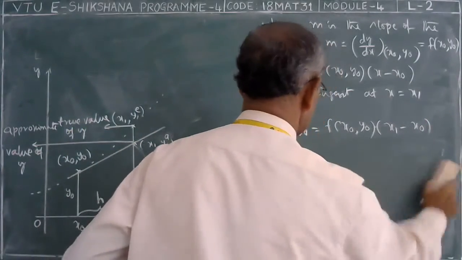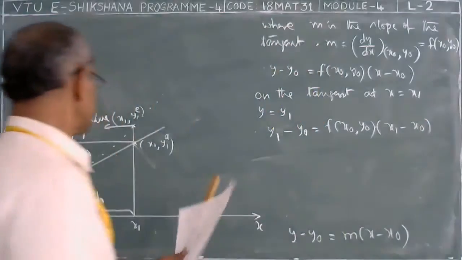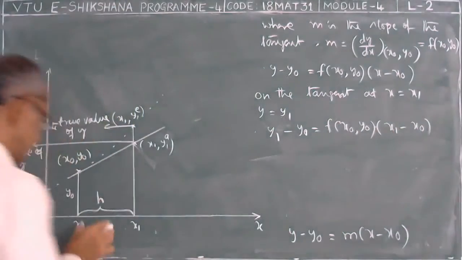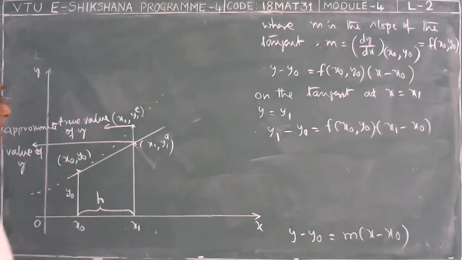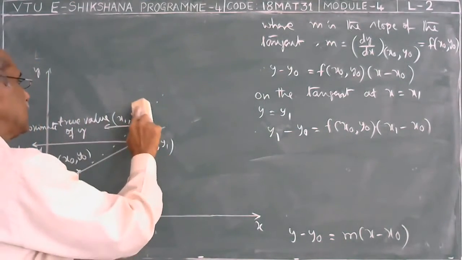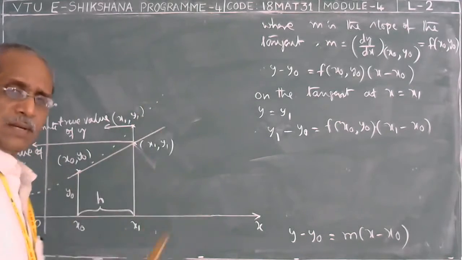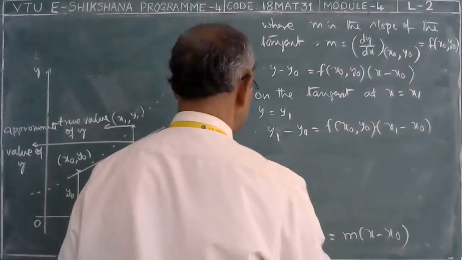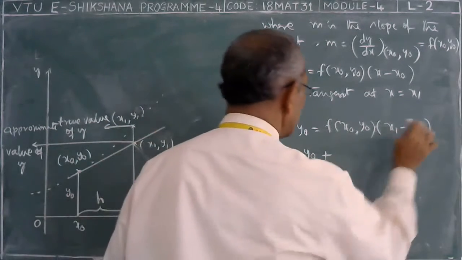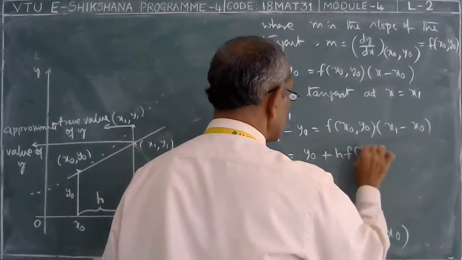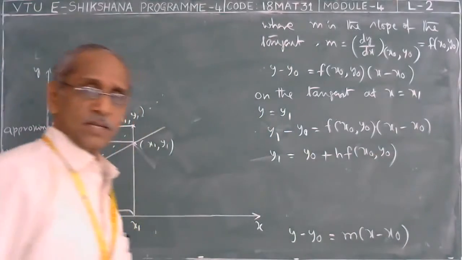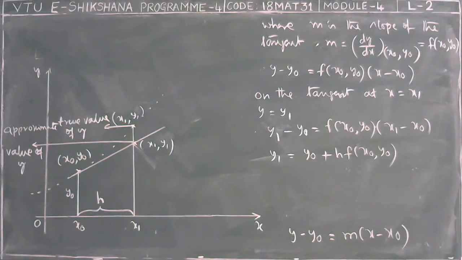But x1 minus x0 is h. Otherwise, you can remove this: A means approximate value, E is exact value. So y1 is equal to y0 plus h into f of x0 comma y0.